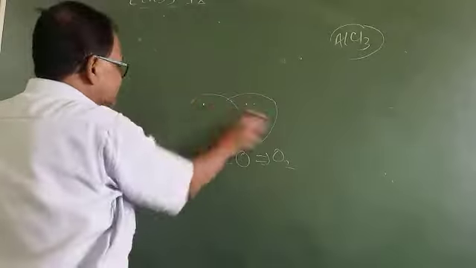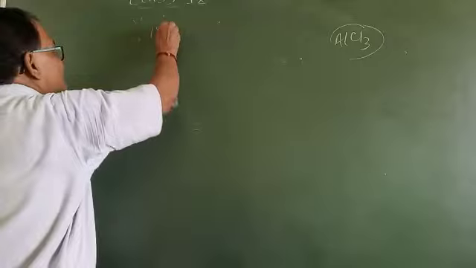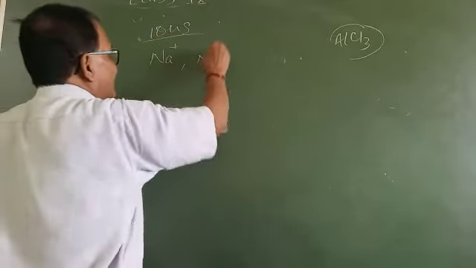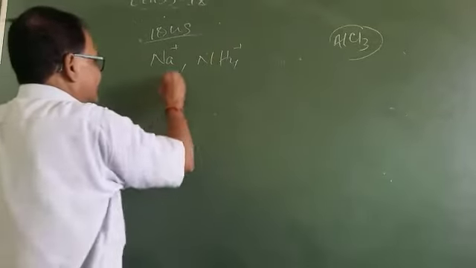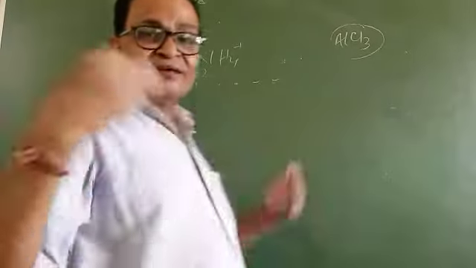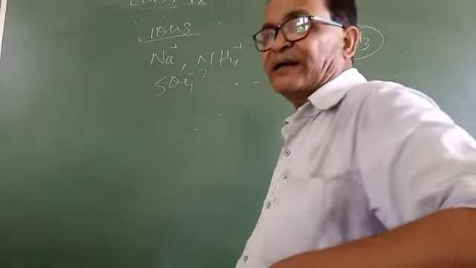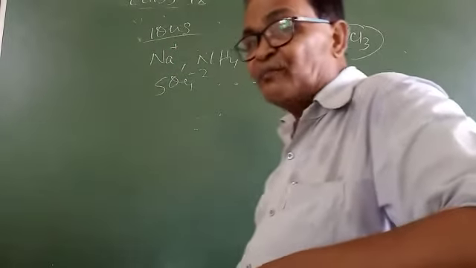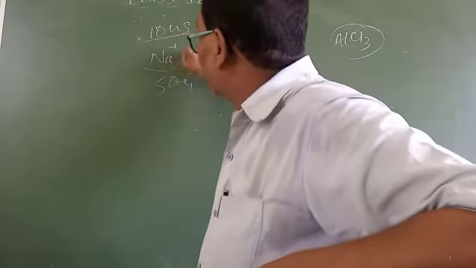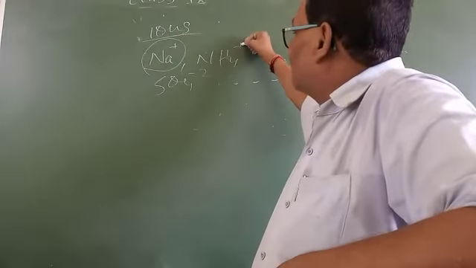Now one case is the case of ions: sodium ion, ammonium ion, sulfate ion, and so on. The valency of an ion is the number of charges contained by the atom or group of atoms or ion. Sodium ion has 1 plus charge, ammonium ion has 1 plus charge.